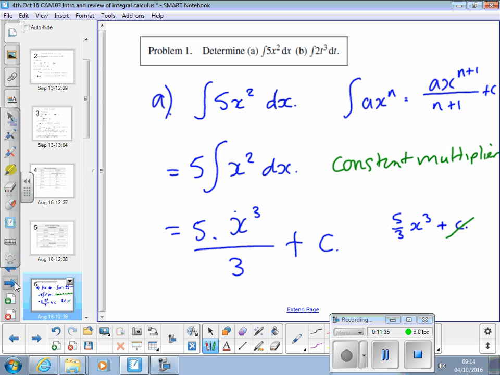Multiply by 3, and reduce that to 2. So the 3 and 3 cancel each other out. We end up with 5x squared, and the constant is gone. So that's your check with this, because differentiation is the opposite. If you're unsure whether you got it right, differentiate your answer. You should end up back where you started. Constants will disappear.